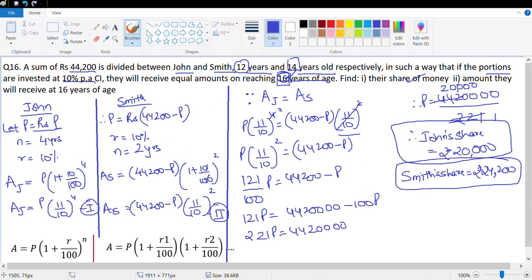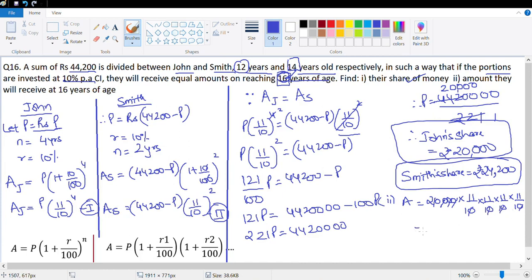Done. Next, amount they will receive at the end of 16 years of age, which means we need to calculate the amount. If I look at equation 1, amount is 20,000 multiplied with 11 upon 10 into 11 upon 10 into 11 upon 10 into 11 upon 10. 1, 2, 3, 4 and 1, 2, 3, 4.